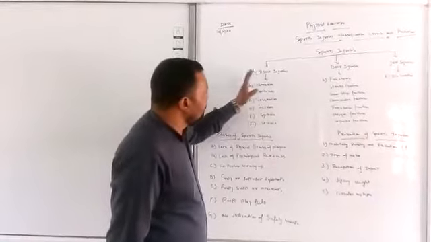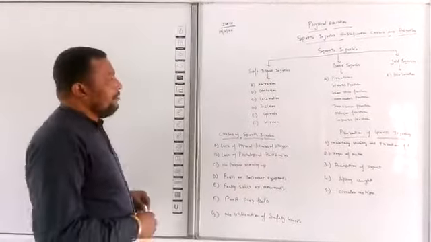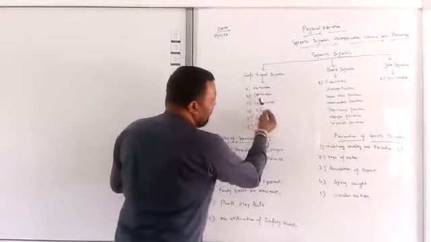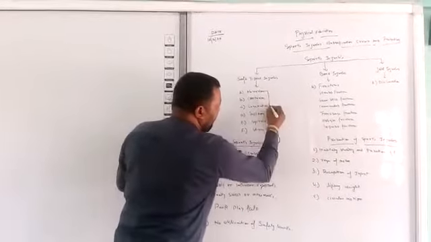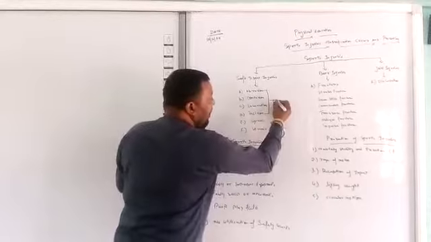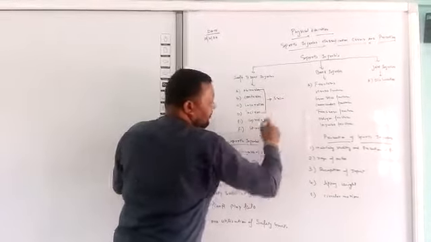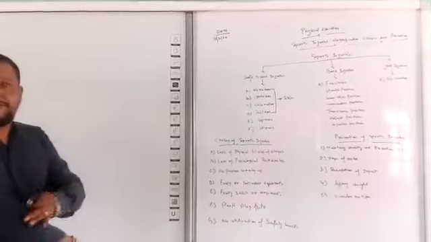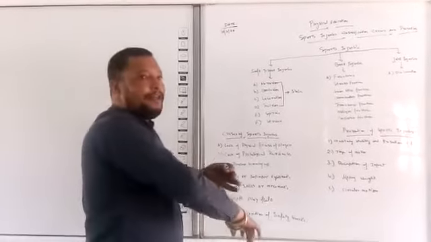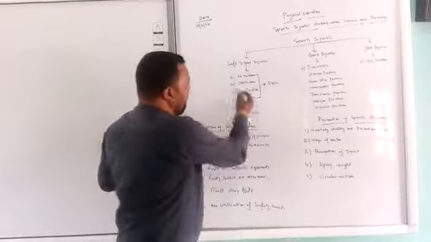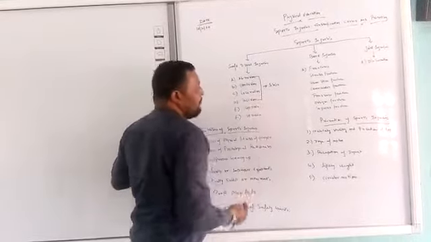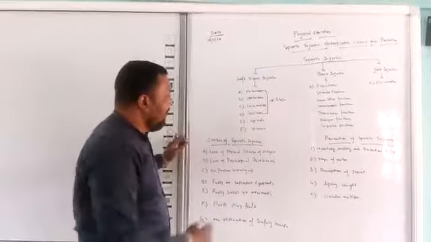So first of all, let's come to soft tissue injuries. Soft tissue injuries include abrasion, contusion, laceration and incision. These are basically injuries occurring in the skin, the first part of the body, or we can say the line of defense of the body after impact. So abrasion, contusion, laceration and incision are your skin injuries.